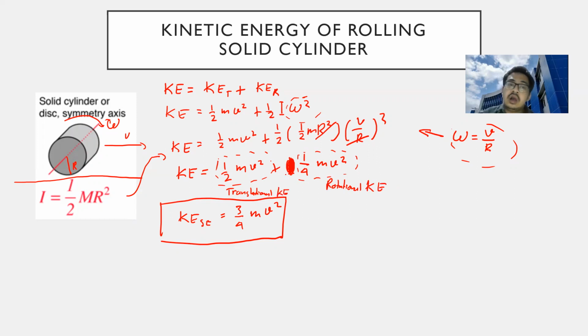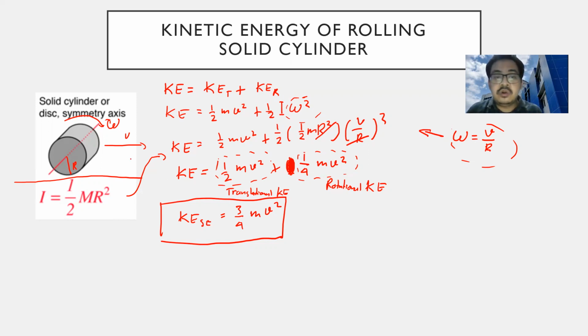So when you are asked what is the translational kinetic energy of the rolling cylinder, you only have to answer by this. But if you are asked what is the rotational kinetic energy of a rolling cylinder, you can use this term, but you can also simply use this term. It's simpler than this one, right?